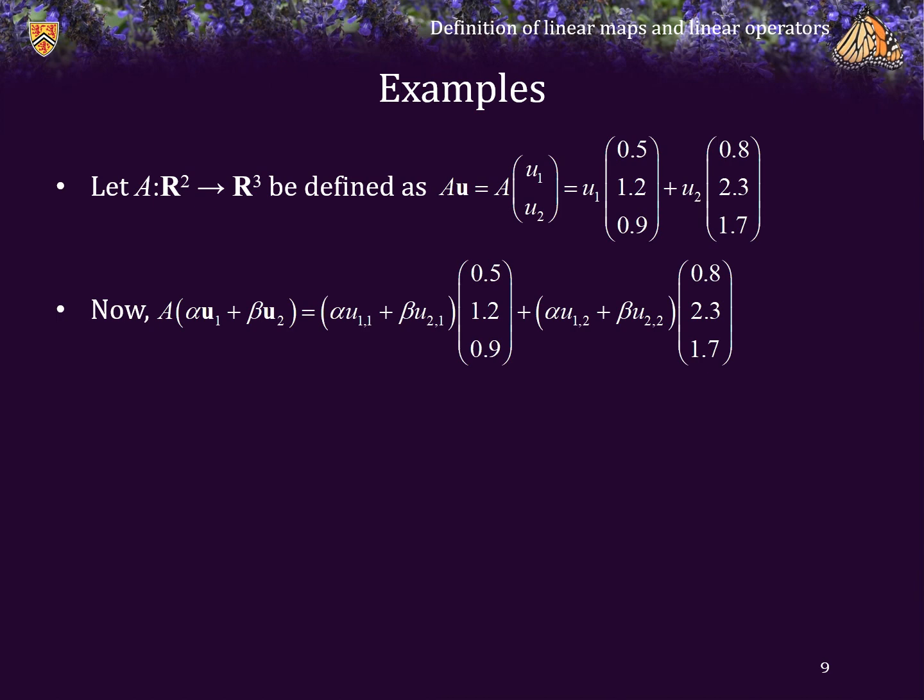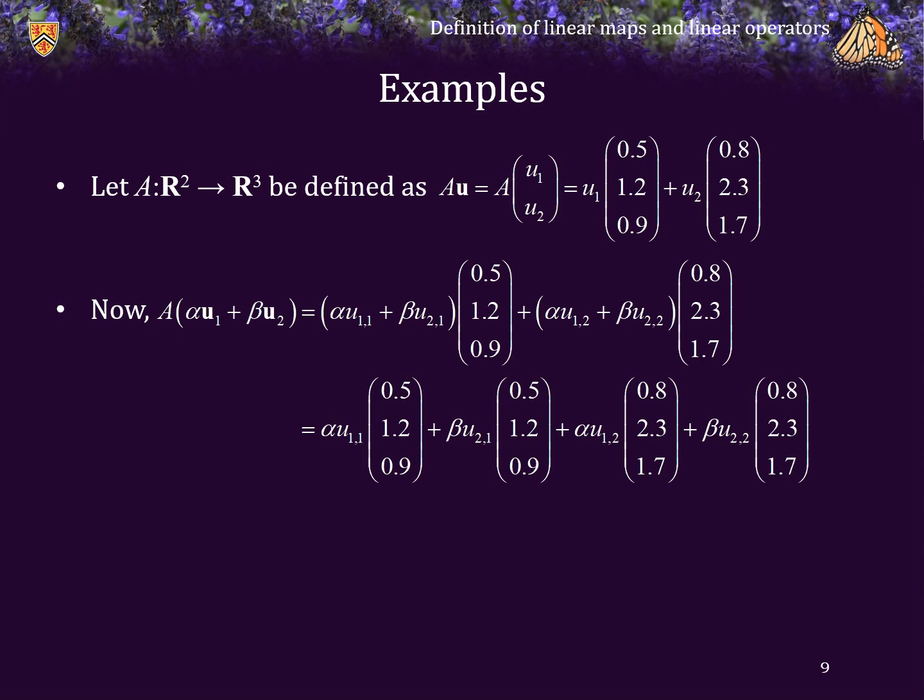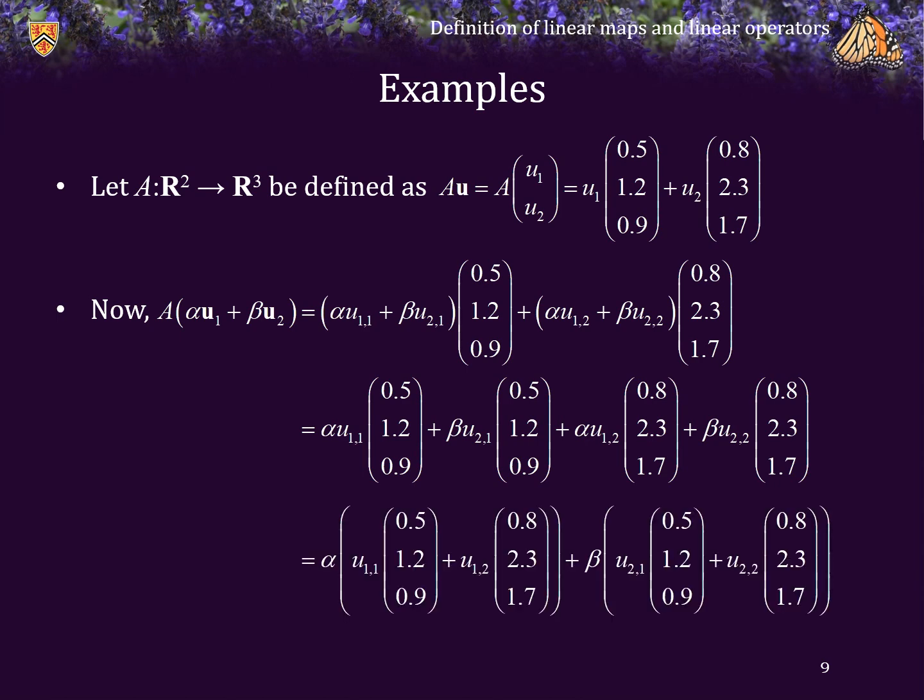But wait a second, with the properties of scalar multiplication and vector addition, I can expand this as follows and then collect on alpha and beta. All right, but now if we take a look at the first one, wait a second, that first is just alpha times A applied to u1, and the second is beta times A applied to the vector u2. Okay, so this mapping A is linear.